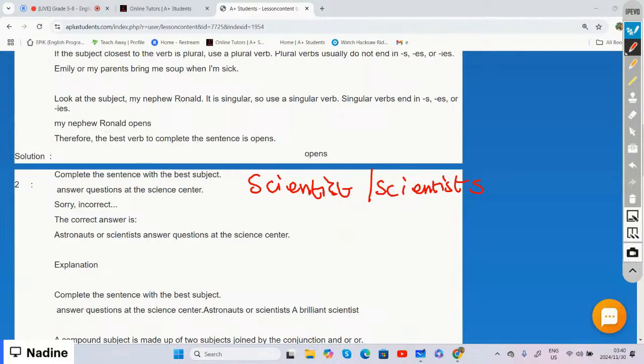Let's just do this one and then we're going to the test. So do we say scientists, they answer questions at the science center?